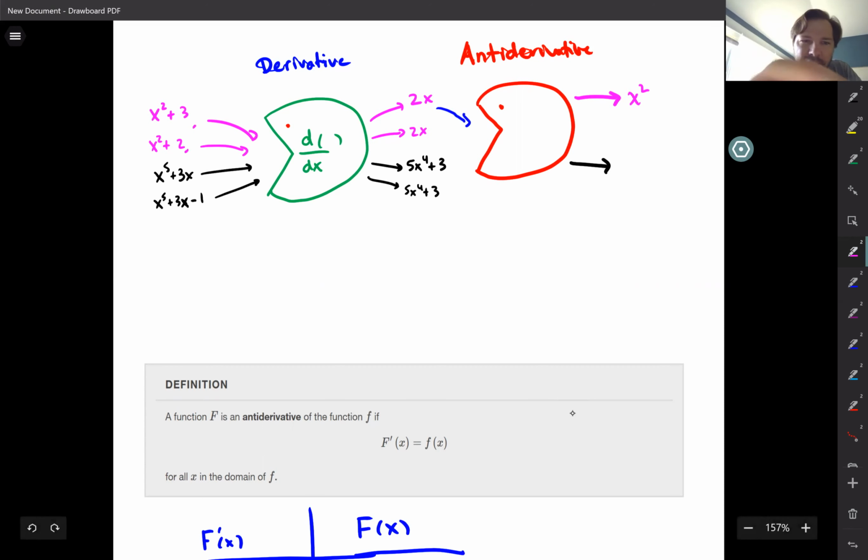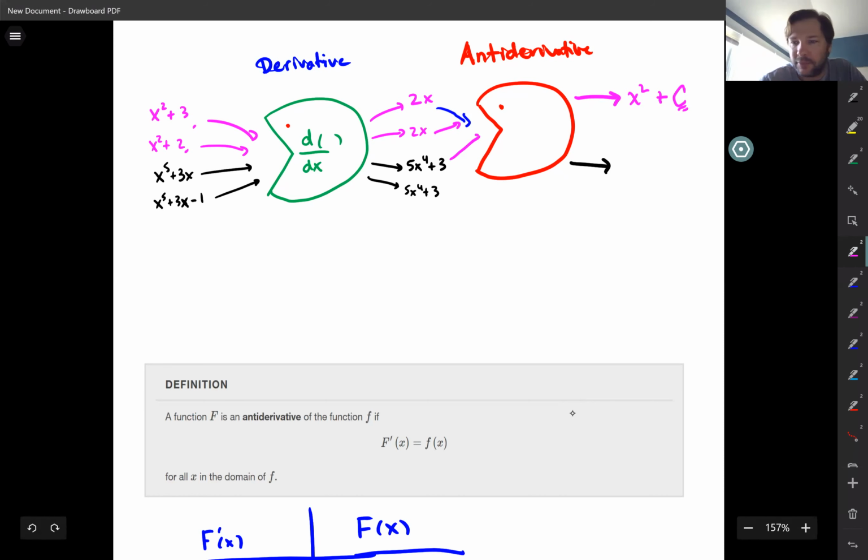Which constant should we pick here? Well, we really can't do that. So this isn't quite an inverse because we can't say exactly which constant we want, but we can say that it should be x squared plus some constant, because if we take the derivative of x squared plus c, we get 2x back. That's the best we can do. So we call this big C the constant of integration.